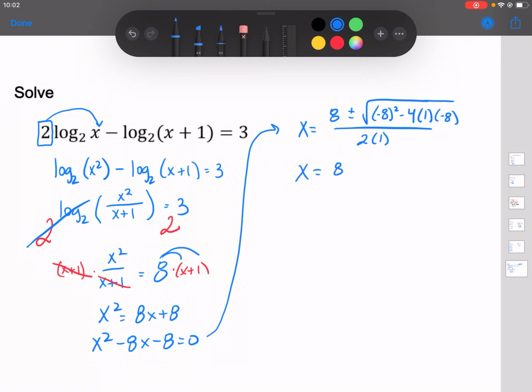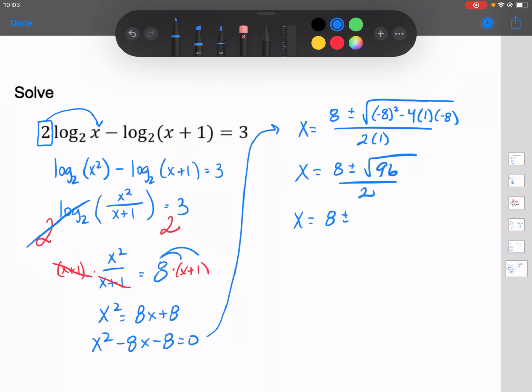So I have 8 plus or minus the square root, and let's figure out what that square root is. So 8 squared is 64. And we've got a minus 4 times negative 8, and so that's a positive 96, over 2.